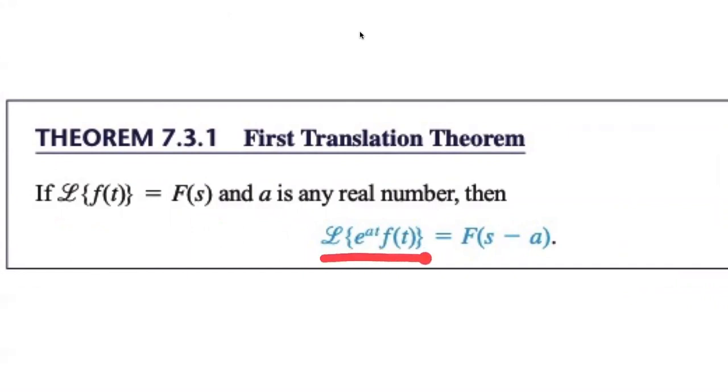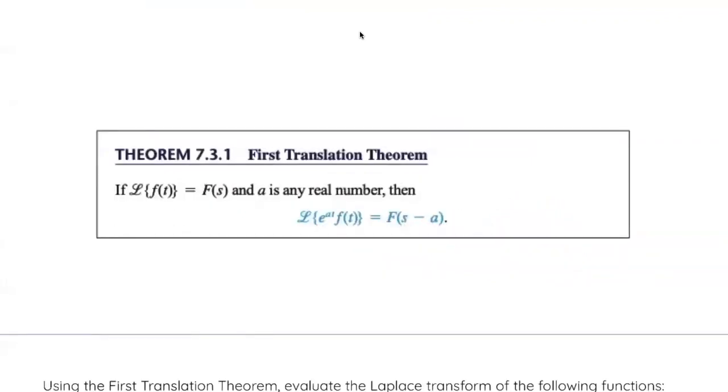If we have something in the form of this, the Laplace transform of e to the at f of t, then we can say that is equivalent to uppercase F of s minus a. Okay, and this is so important that we call this the first translation theorem.